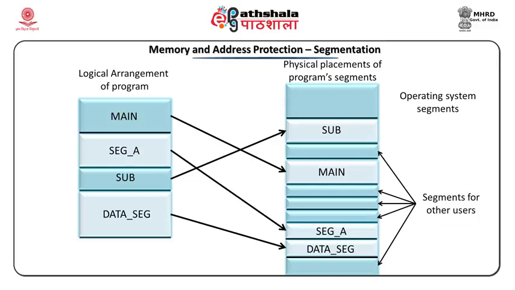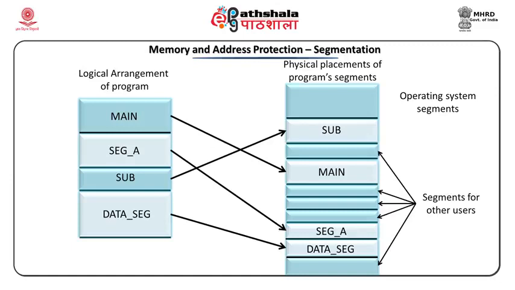So, logically main, segment A, sub, data segment maintain their logical order. But when stored in physical memory, it is not necessary that they be stored contiguously. Physically they can be located in any part of memory.